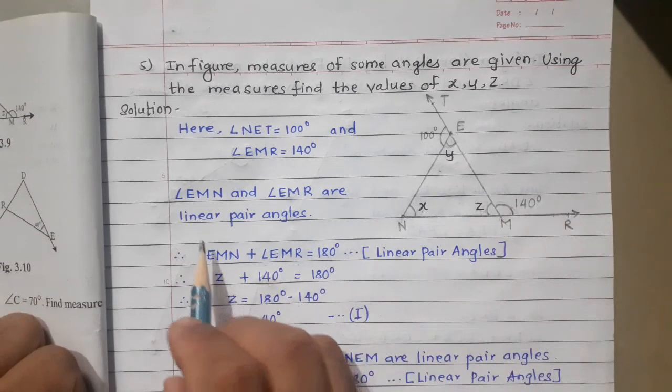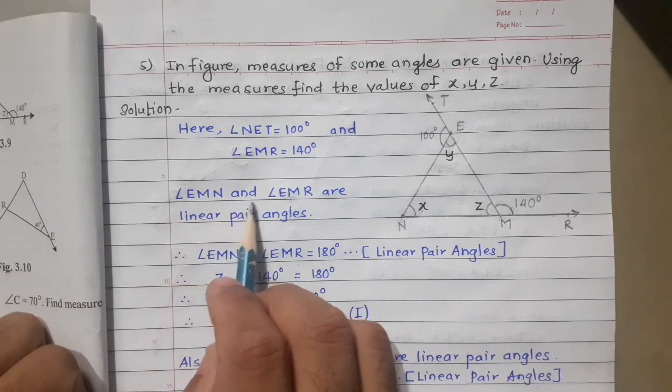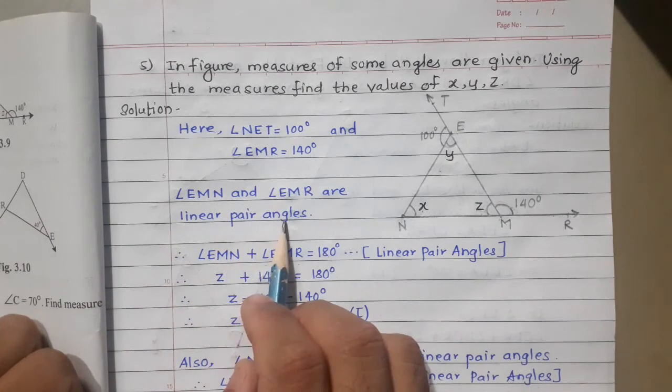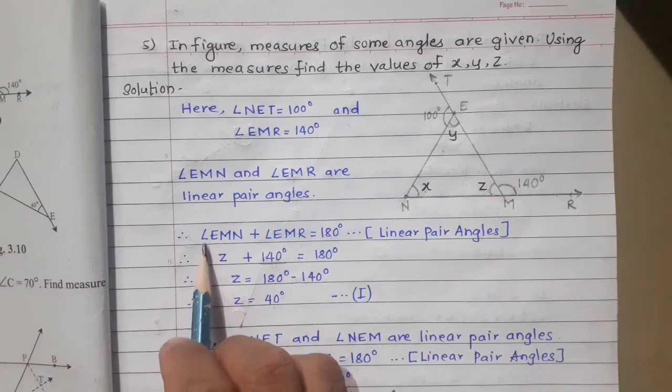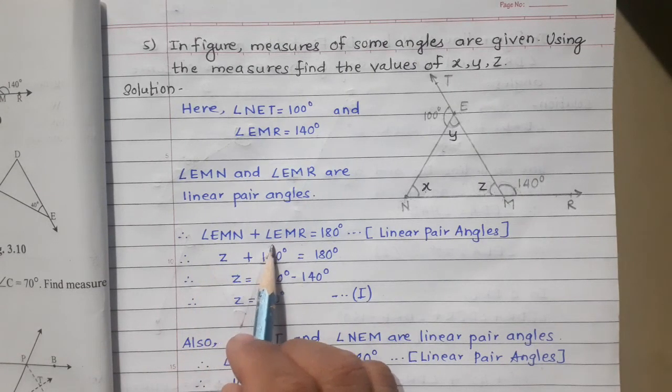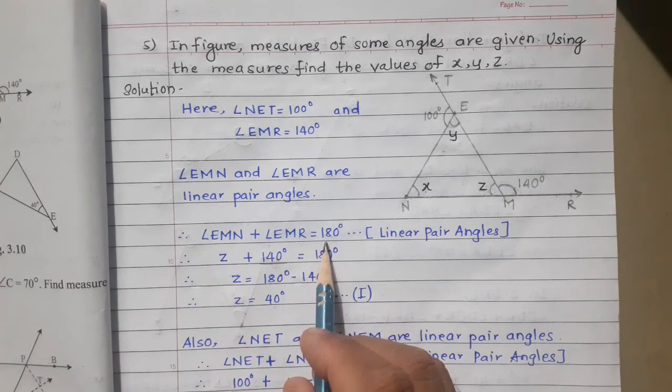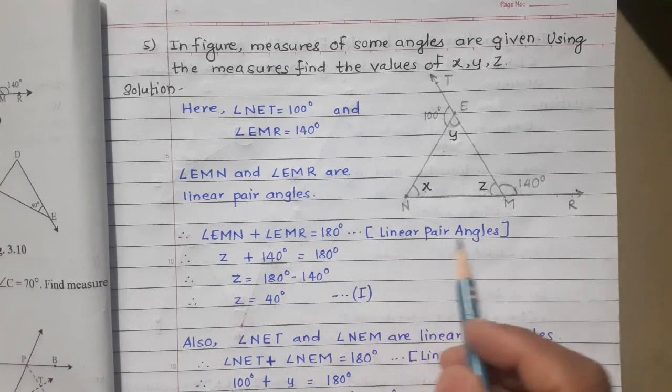Therefore, angle EMN plus angle EMR is equal to 180 degrees, and the reason is linear pair angles.